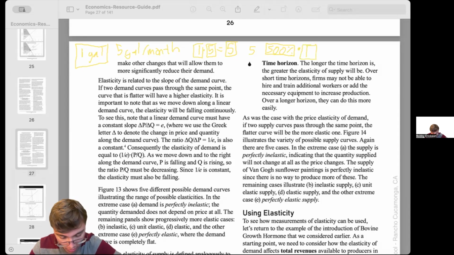And so notice this is just another way of saying, okay, apologies. It's actually dividing. We have 5 divided by 1, right? Because this is how much is it changing by divided by the original amount. And so this is 500% then. Usually multiply by 100% in order to get that.